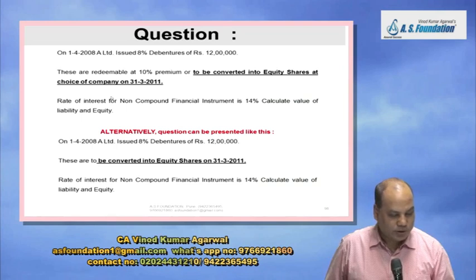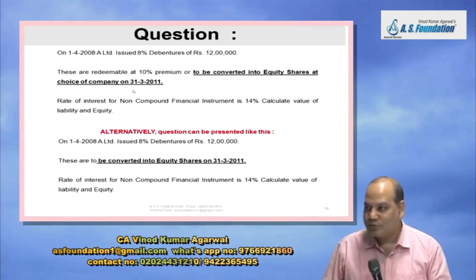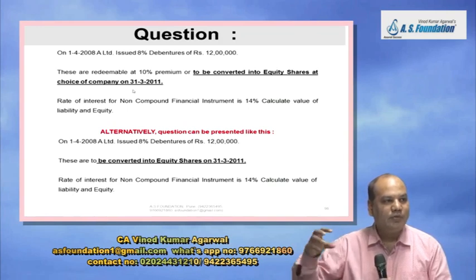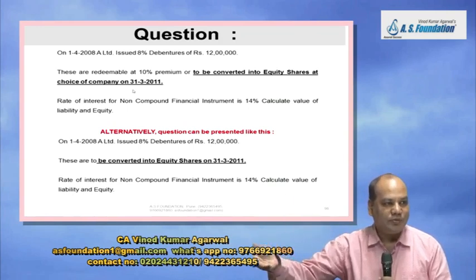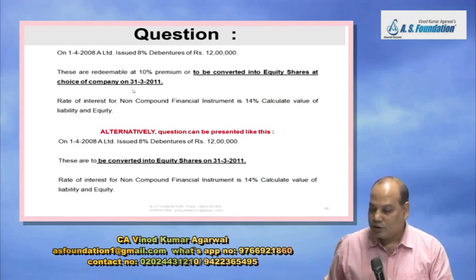If the company wishes to avoid cash payment, it can do so. It can simply convert into share. So I will not take this redemption value. This is to confuse you. 10% premium. Rate of interest on a non-compound financial instrument is 14%. Calculate the value of equity and debt.